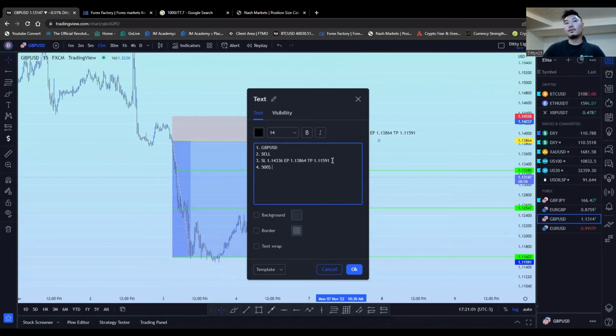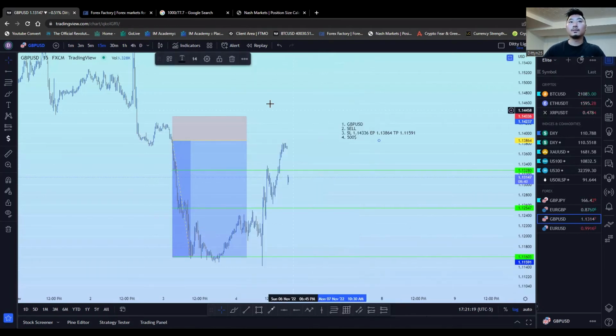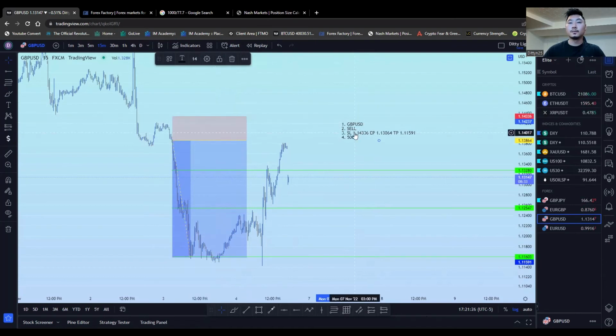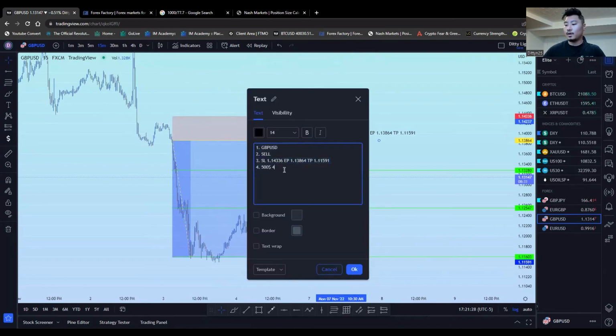So the fourth step is the amount, 0.5% in this case, that I'm willing to risk, which is $500. And how many pips I'm risking in that setup: it's 47.2 pips. Amazing.